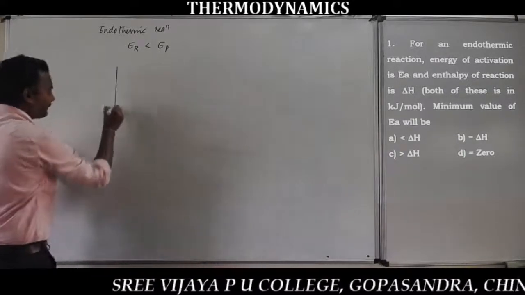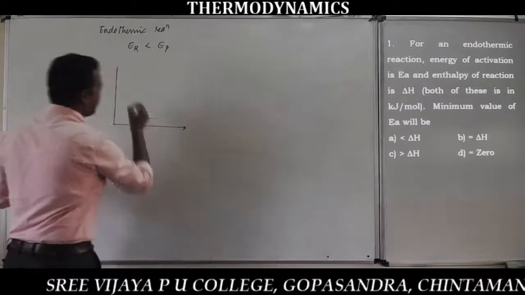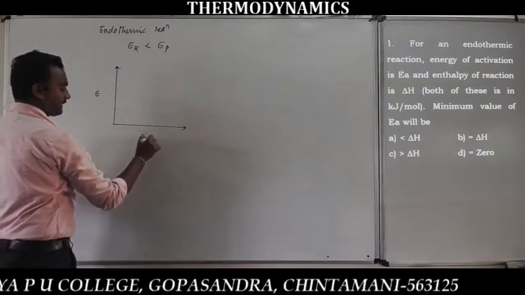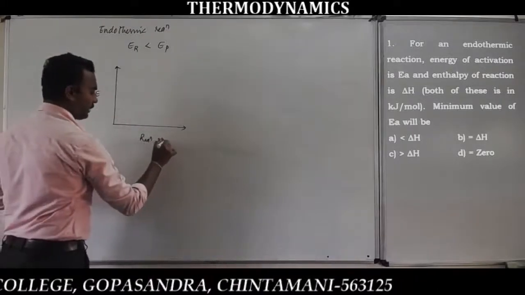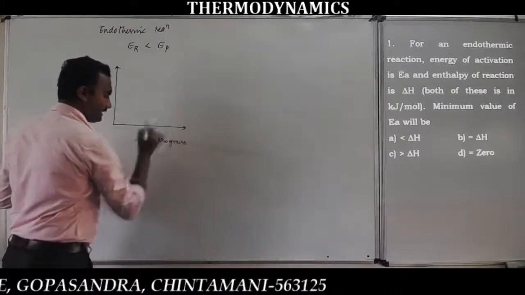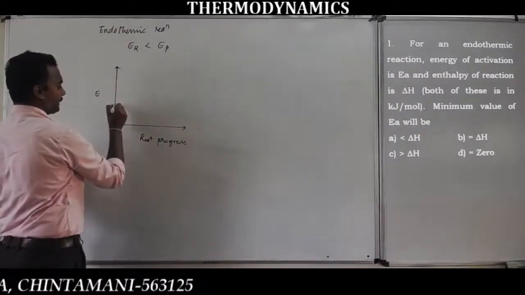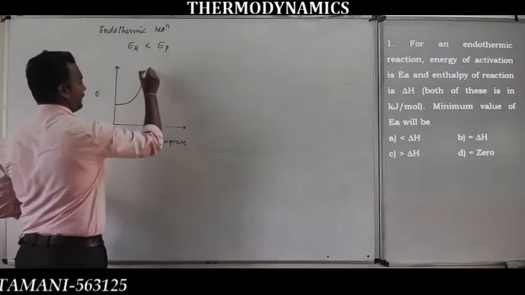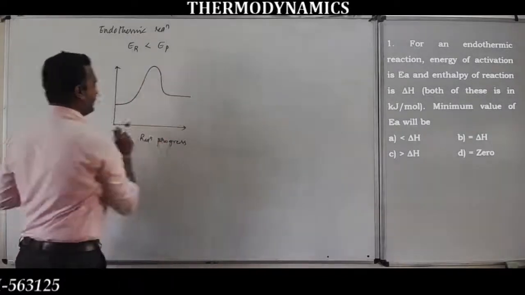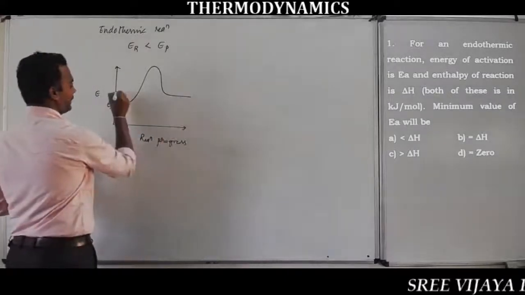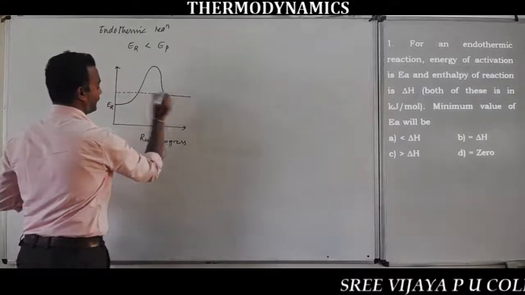So let me take a graph. This is the energy axis and this is the reaction progress, or reaction coordinate, on the x-axis. The energy of reactant is less compared to the energy of product. This is the graphical representation: this is the energy of reactant and this is the energy of product.